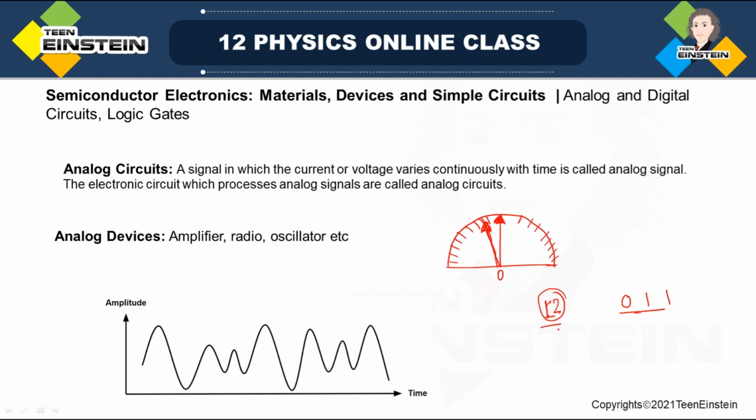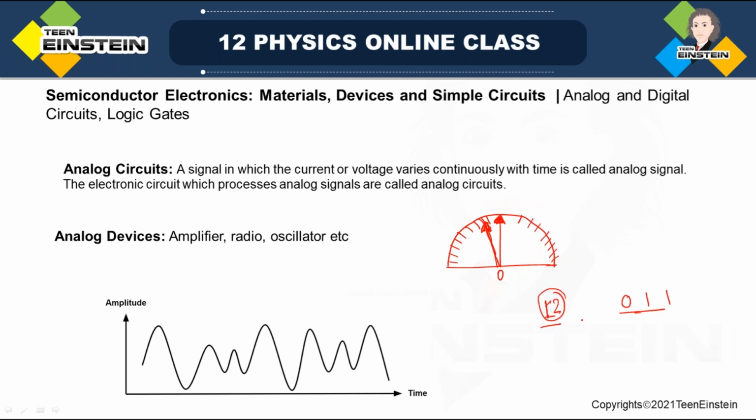So that is a digital circuit. A digital signal can take only two values, either 0 or 1. That's why it is digital. Digital has a two-step process, either low level or high level, either switch is on or off.